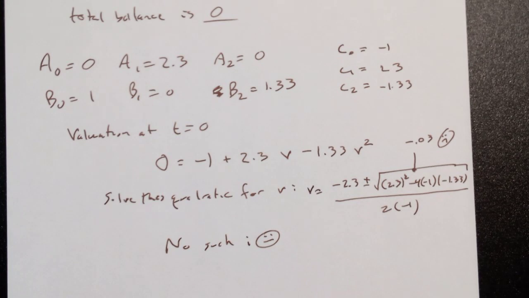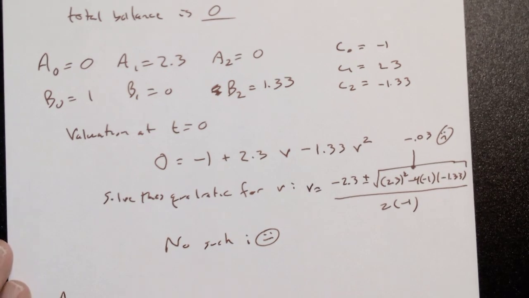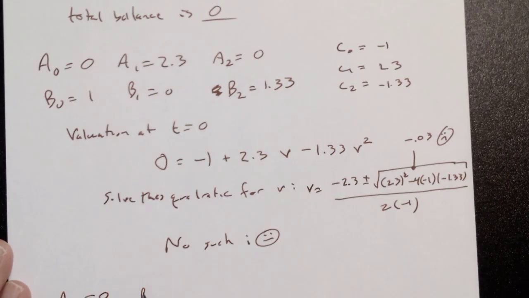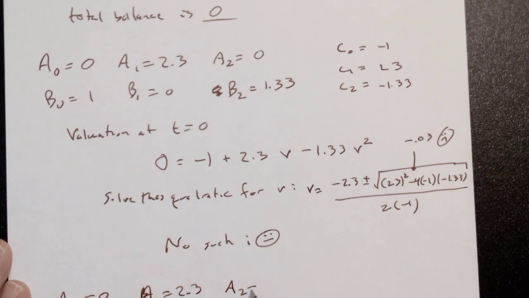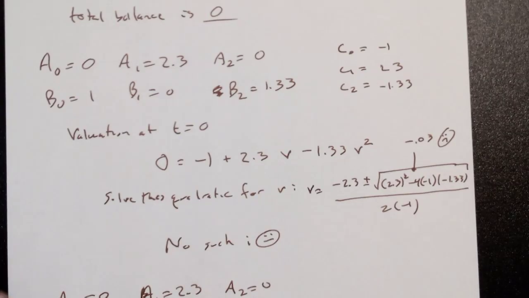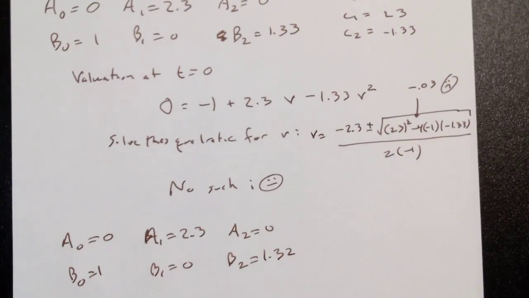Ready for the huge tweak? A0 is 0. A1 is 2.3. A2 is 0. B0 is 1. B1 is 0. B2 is 1.32. Huge difference, right?